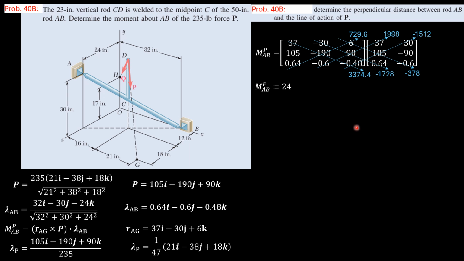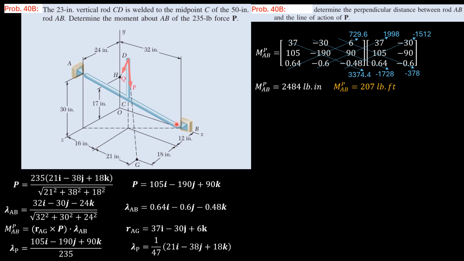Combining, moment AB is equal to 2484 pound-inch. So 3374.4 minus 1728 minus 378 plus 729.6 plus 1998 minus 1512. So in pound-foot, we divide this by 12, and that is 207 pound-foot. So that's the answer for moment of P about axis AB.